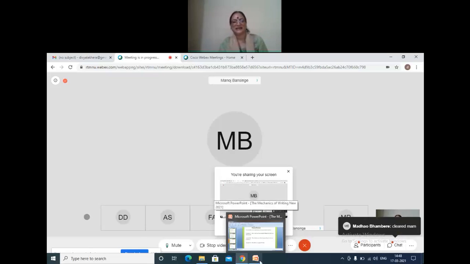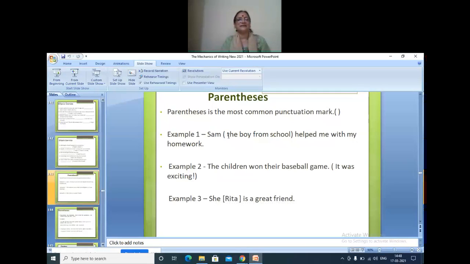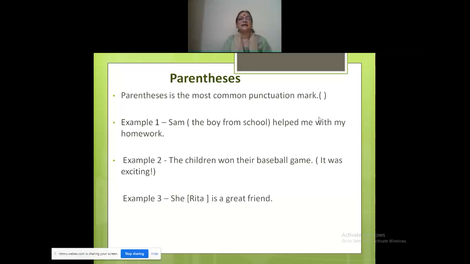Okay. So, parenthesis, the most common punctuation mark, the brackets. We use brackets when there is some extra information, when the sentence is complete in itself without the brackets. That extra information is usually covered in parenthesis, like we did when we were doing comma. Sam, the boy from school, helped me with my homework.